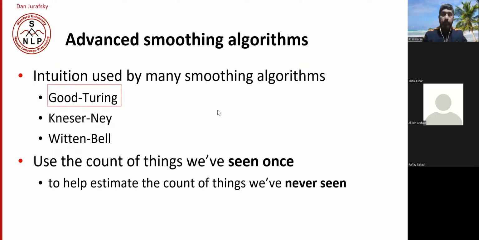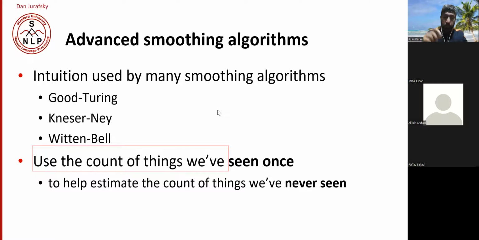So the intuition used by many of these so-called advanced smoothing techniques is that we should use the count of things that we have seen once. When I say things, these are events, like bigrams if you are estimating bigrams, or they could be trigrams or unigrams, whatever we are estimating.